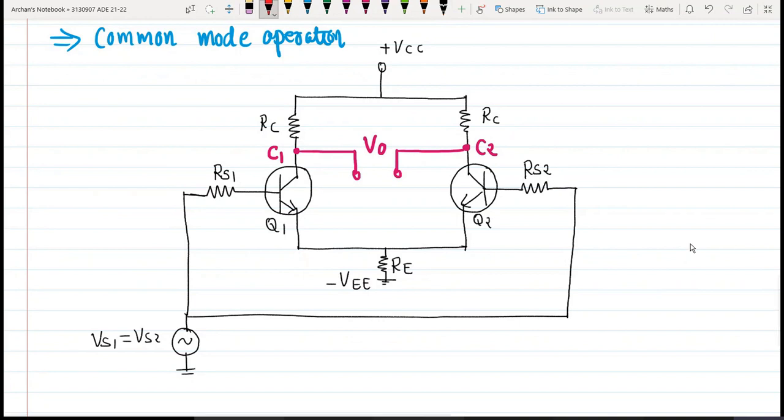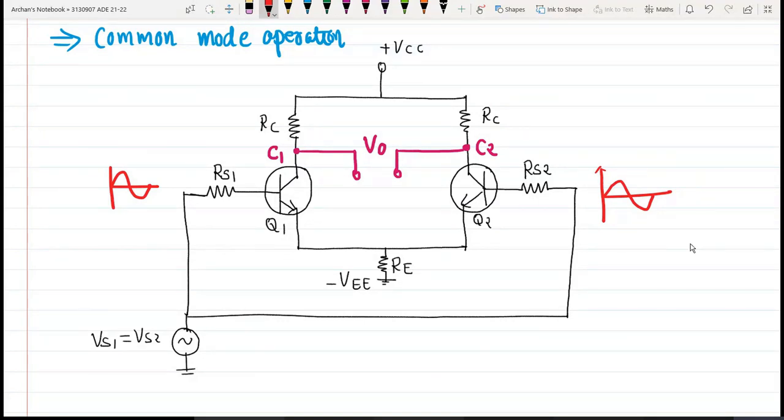Now if I talk about the input over here, then we will have a positive going input. Similarly, over here also we will have a positive going input, right? Now understand the key operation.